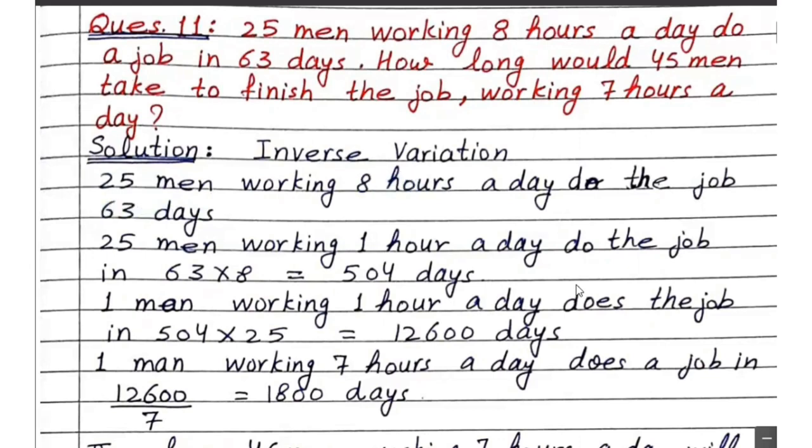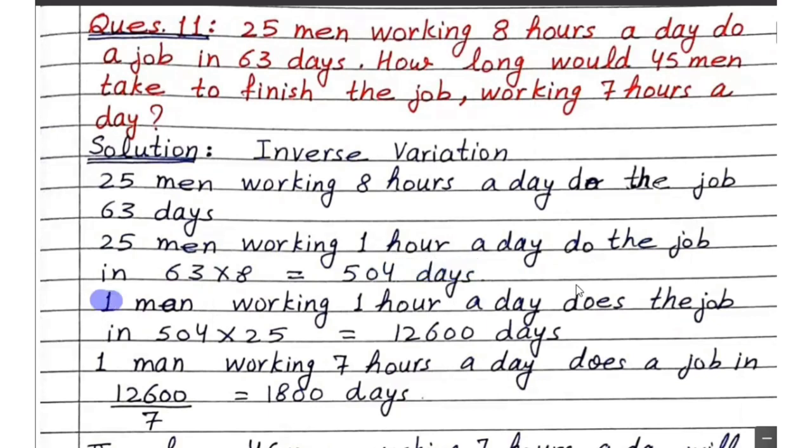Now, let us find for 1 hour. 25 men working 1 hour a day will take to do the job 63 into 8, that is 504 days, right? This is if 25 men are working for 1 hour every day. That is 504 days.